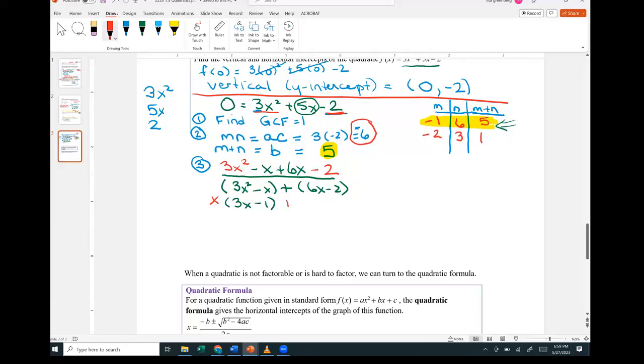I'm going to say plus, and in my second group, my greatest common factor is 2. And if I factor out a 2 or divide each term by 2, I get 3x minus 1. Perfect. Notice 3x minus 1 is in both terms.